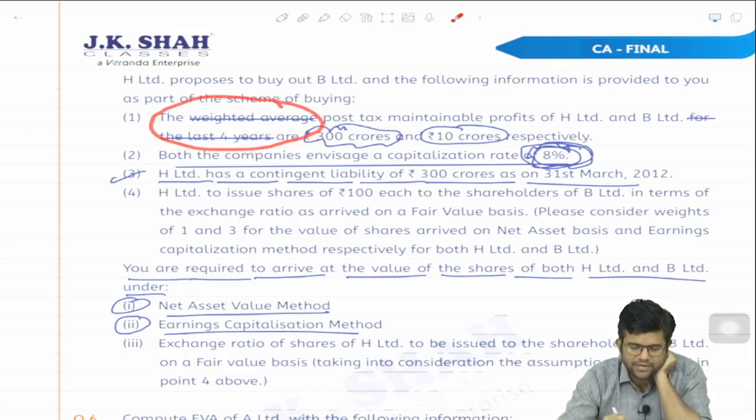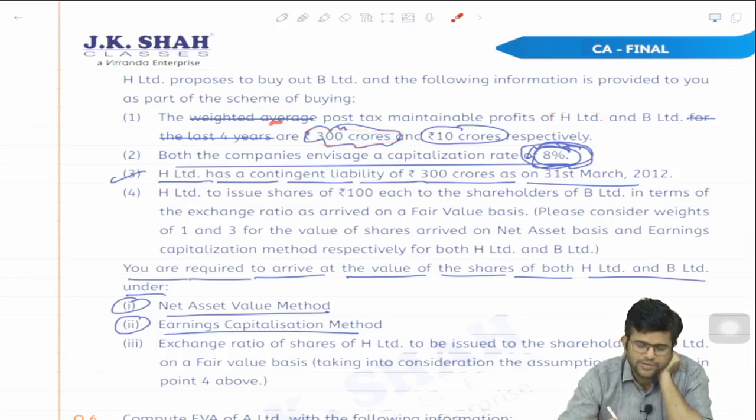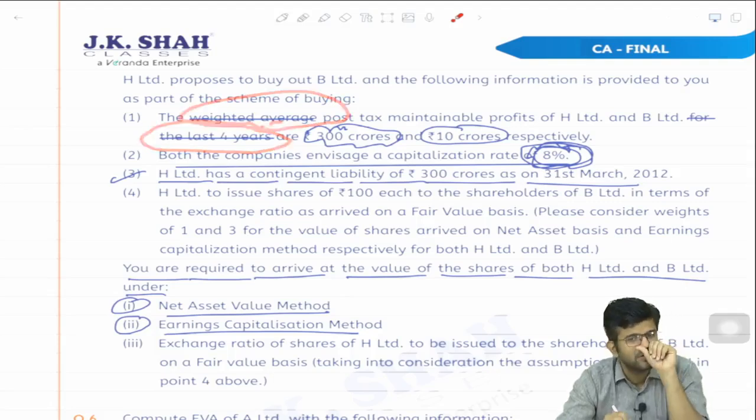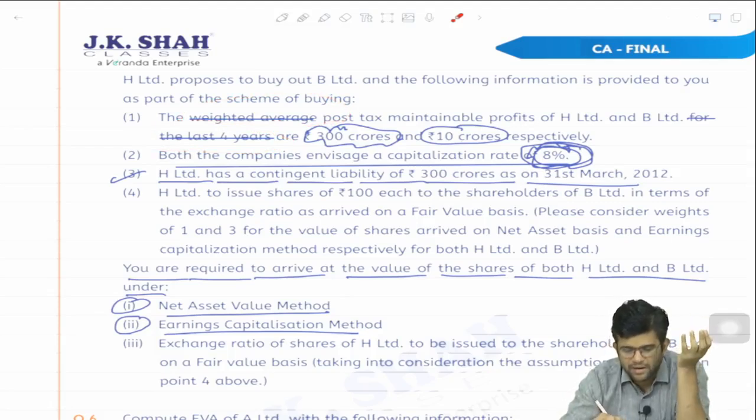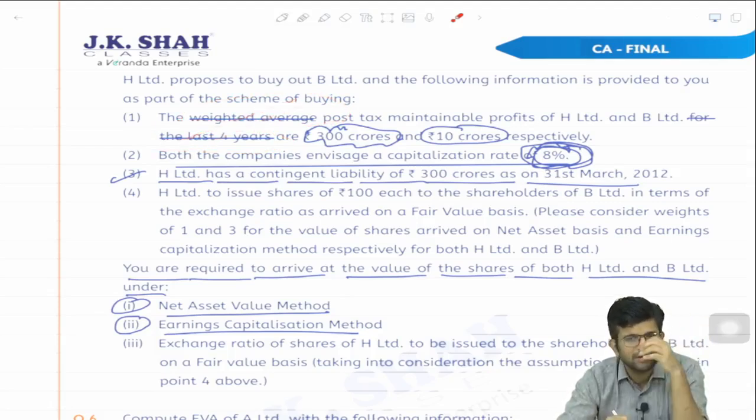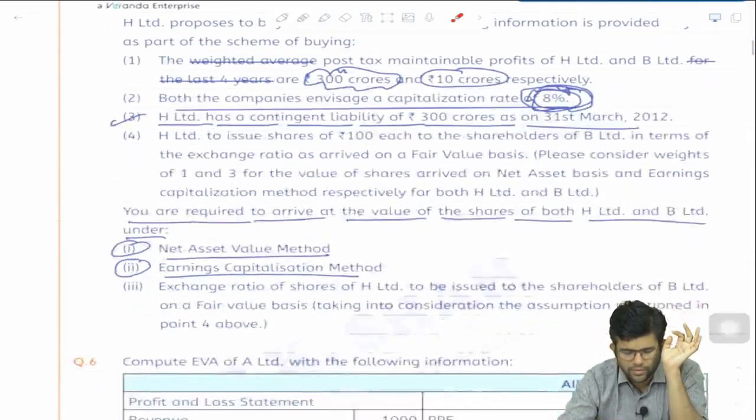See, weighted average, they are basically just trying to tell you that, you know what, H Limited, how did we know that it will give 300 crores in future? Because we saw its last 4-year profits and we calculated a weighted average of those profits, and by those weighted average we came to know that it will give 300. Can I say it is useless now? How you calculate? Everybody clear? It is of no use. You are telling me now it's going to give me 300 crore every year in future. Okay, take it and go ahead. Everybody clear? Hence I did not give importance.